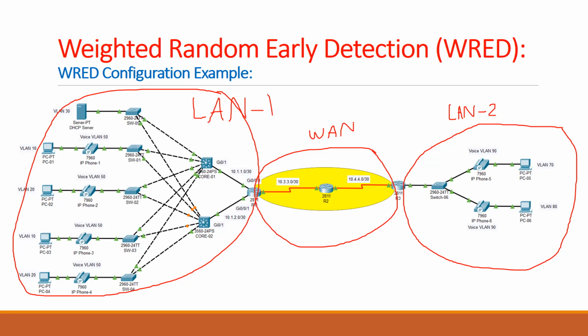And in this demonstration, we will consider that for R1, there is congestion in this link that we need to avoid.